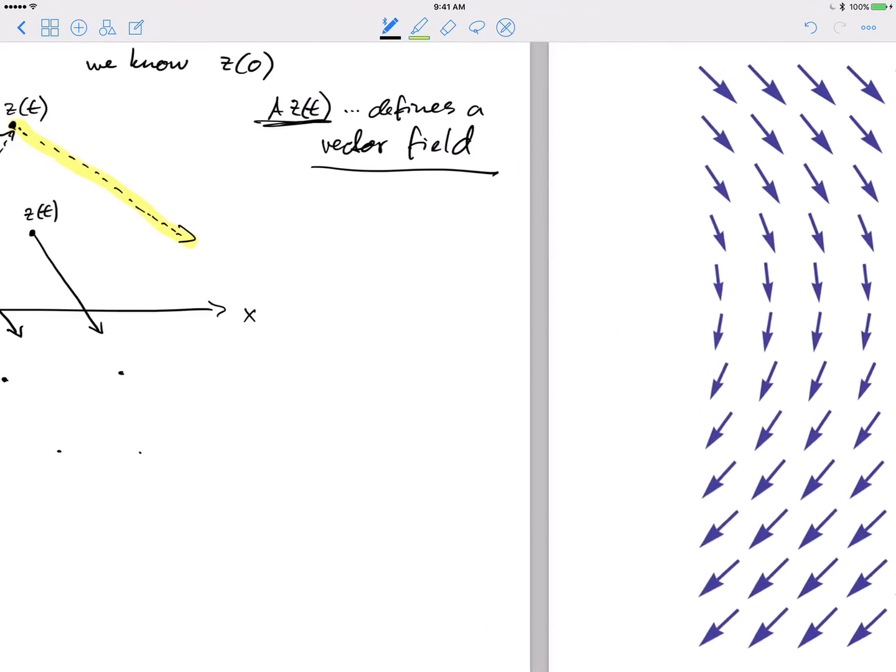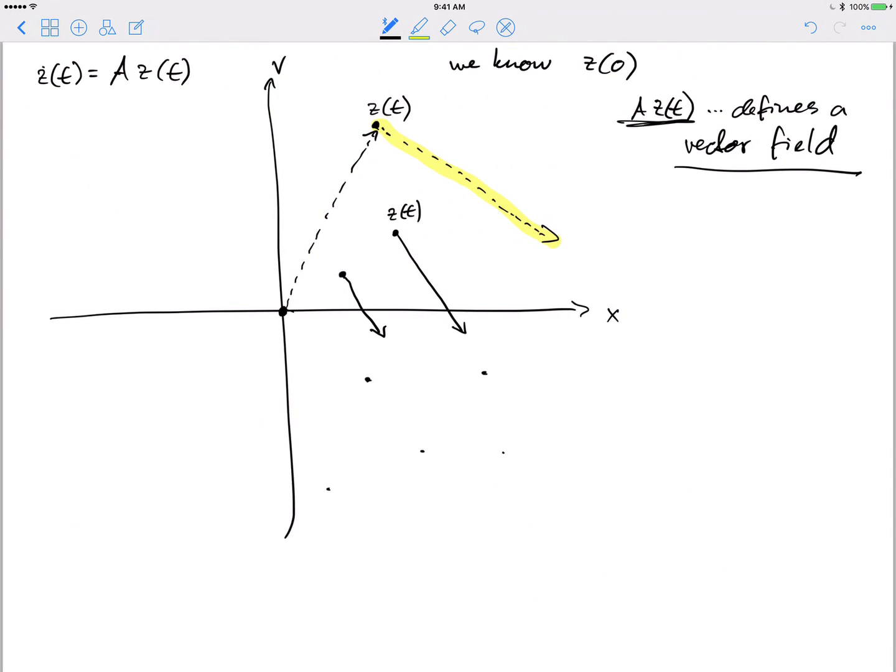Okay, so for our case, this A thing is simply this matrix, the minus 90 degrees rotation matrix, 0, 1, minus 1, 0, right? So the vector field looks kind of like I draw it here, right? There would be another vector there, there would be another one like this, and so on.